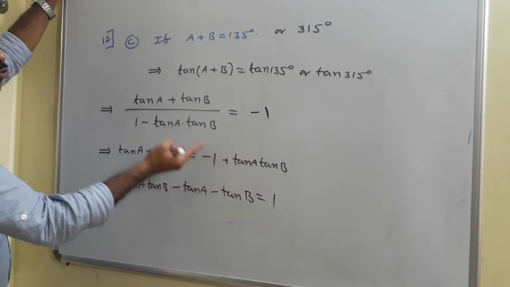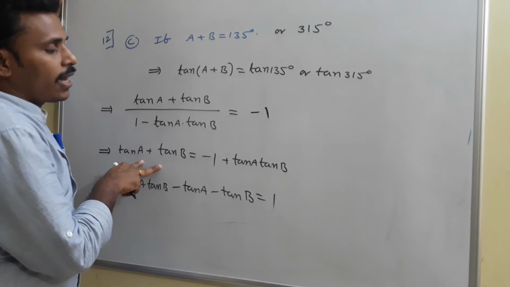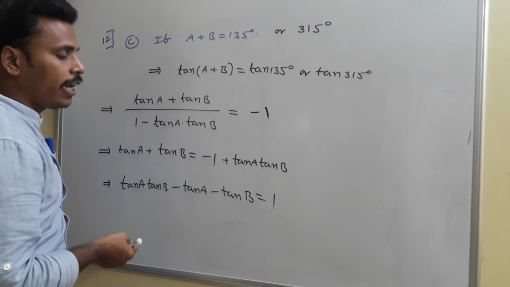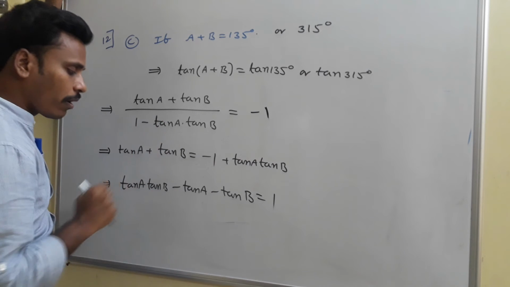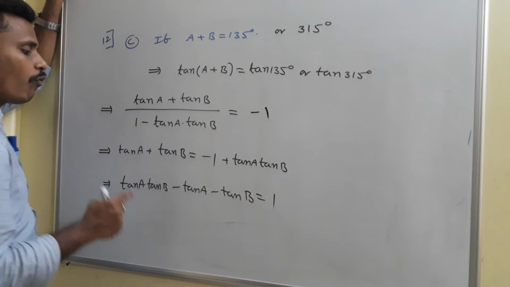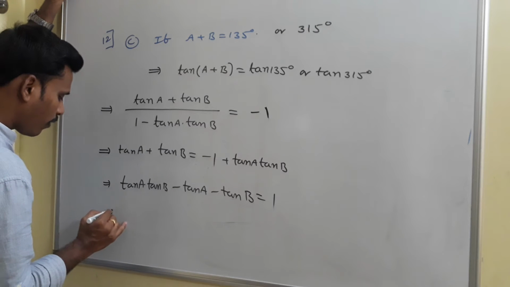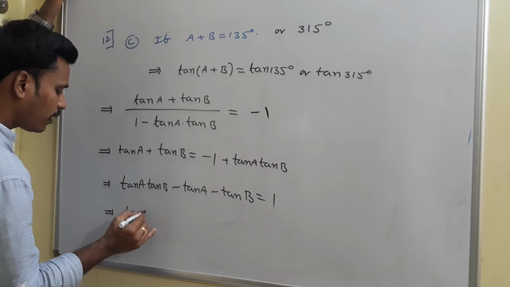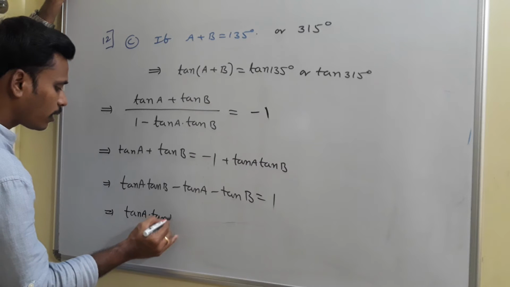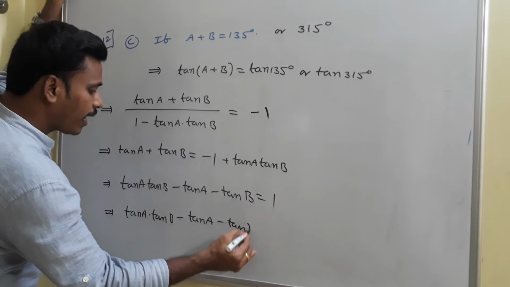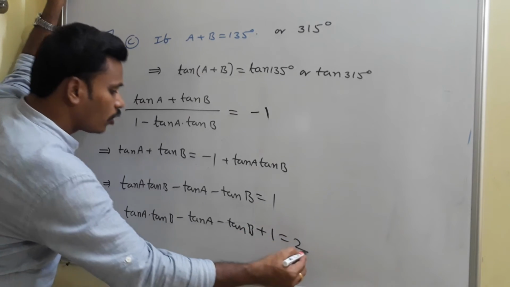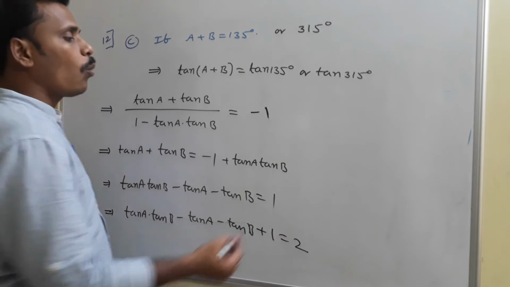Send minus 1 to the other side, and tan a tan b on the side of tan a into tan b. So at the end you have this. Again, to make a proper relation, I am going to add 1 on both sides. If I add 1, what will happen? Tan a into tan b minus tan a minus tan b plus 1 is equal to 2. I am just adding 1 on both sides.